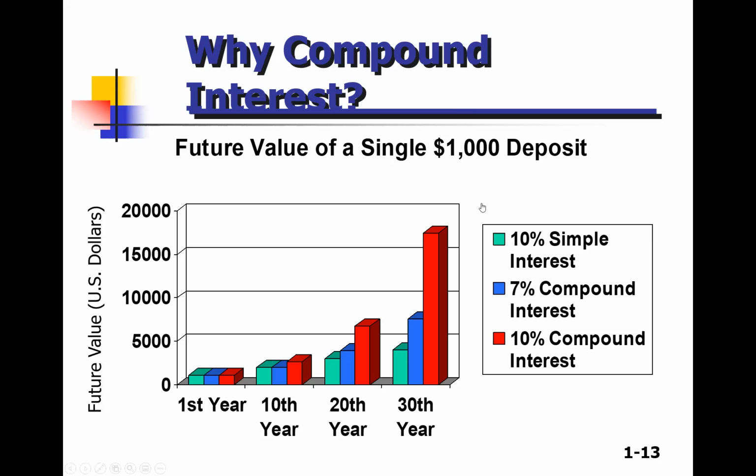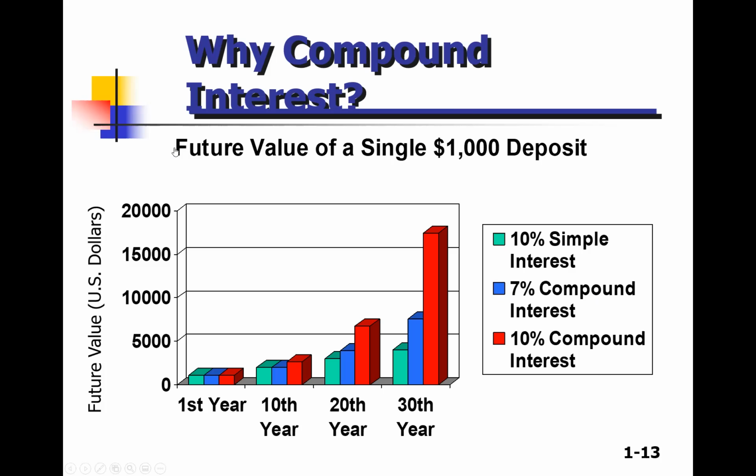Here you can see the green color shows a simple interest, that is 10%. Blue one represents 7%, but it is compound, and red one presents 10% compound interest.